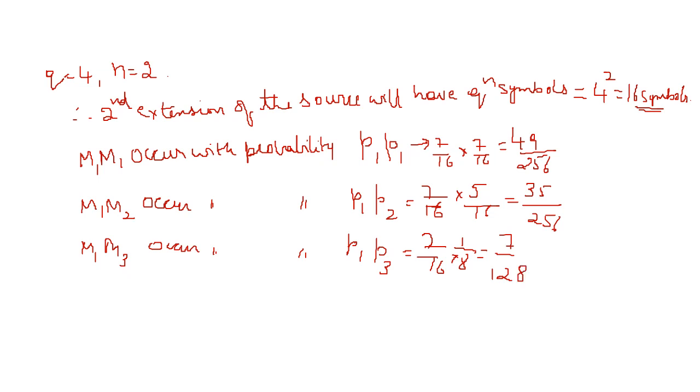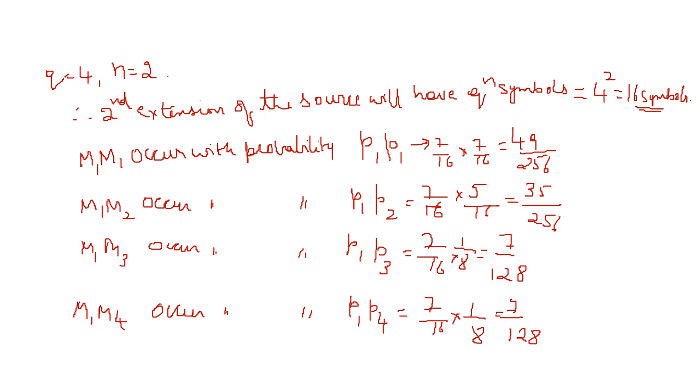Then similarly we have the symbol M1 M4, which occurs with probability P1 into P4, which is 7/16 into 1/8 again, equal to 7/128. Next we continue with the q equal to 4 symbols.